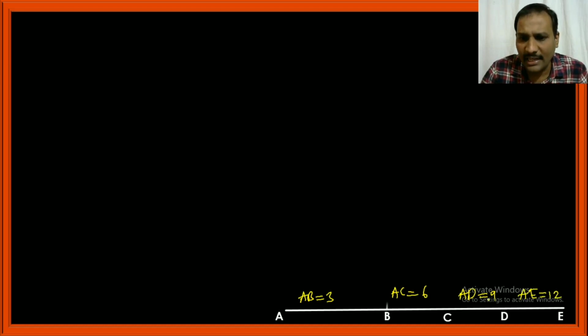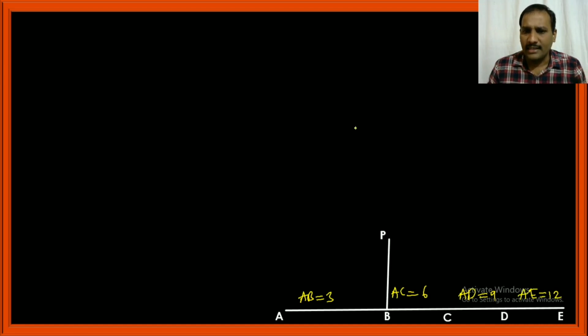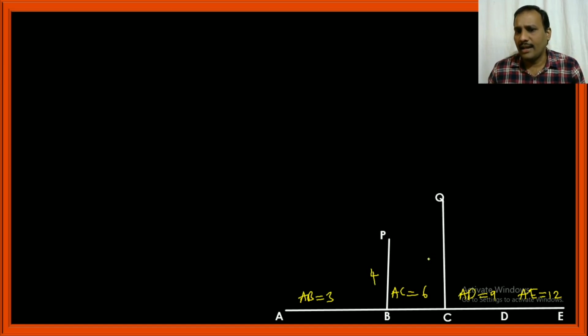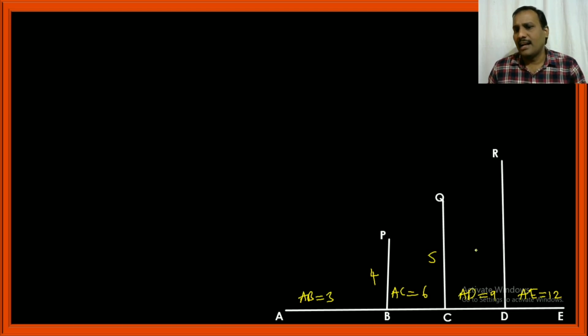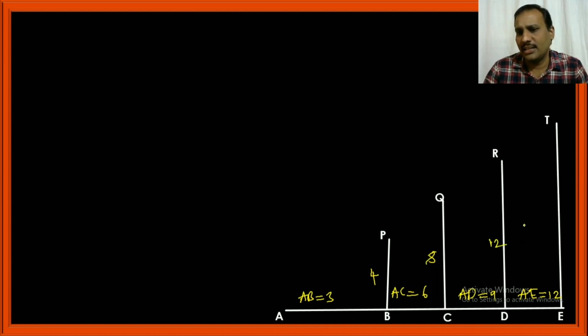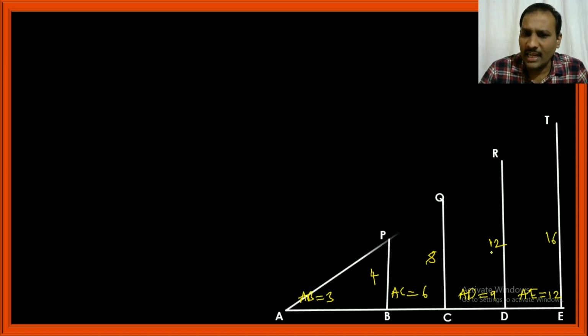Now, from B, draw a perpendicular to AE, that is BP, that is equal to 4 centimeters. Similarly, draw CQ of length 5 centimeters, sorry, this is 8 centimeters, and DR as 12 centimeters, and draw ET as 16 centimeters. Now join A, P, Q, R, T.